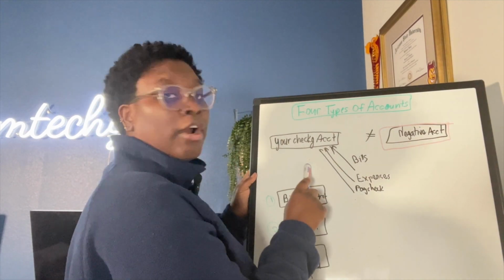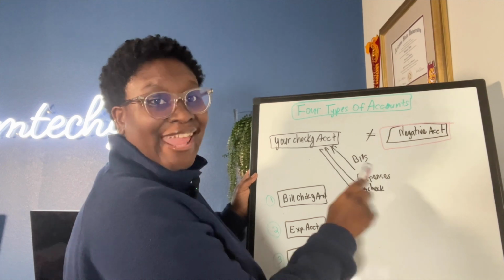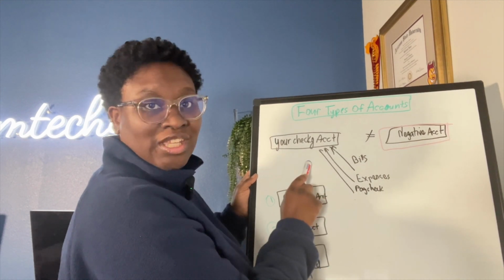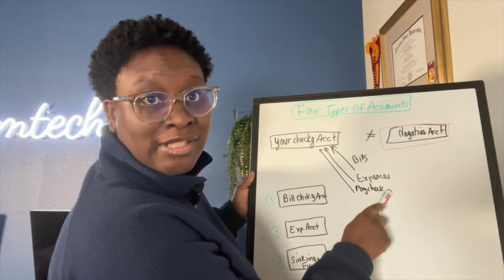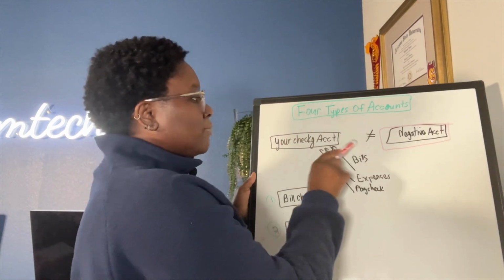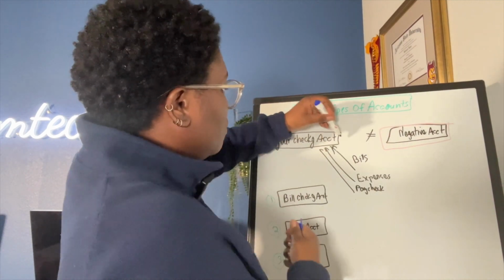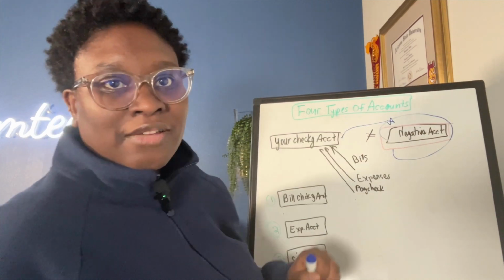But the problem that you run into with having all of your bills and your expenses coming out of this checking account, and then you're also using that money for expenses like groceries, gas, your kids' needs, is that sometimes you can run into a negative account balance and NSF fees.